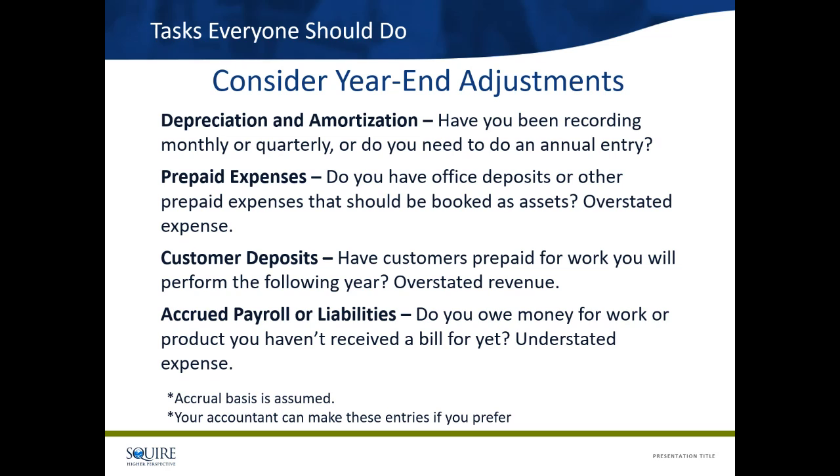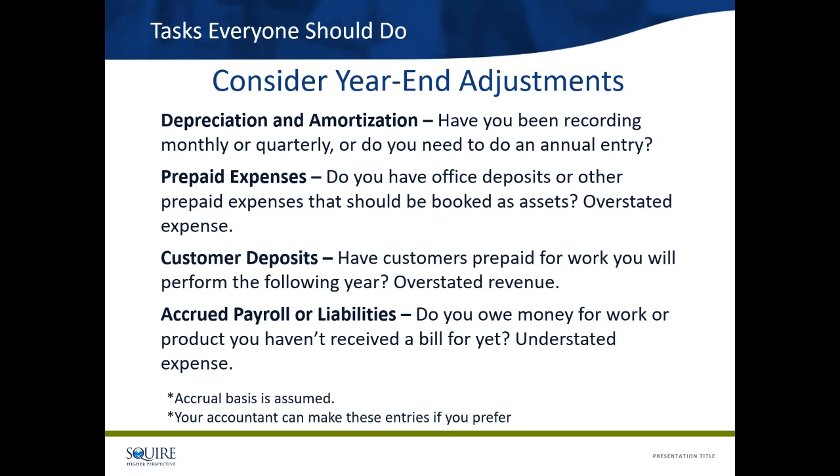Prepaid expenses. Now, it says at the bottom, I'm assuming accrual basis. A lot of you will be on cash basis and it won't apply. But if you're on accrual basis and you have prepaid expenses, if you have deposits that you've made, or if you have paid for your entire year of insurance in December, but it's for 2021, then that is a prepaid expense, and then it would become an asset to your company, and then over time next year you would expense that.